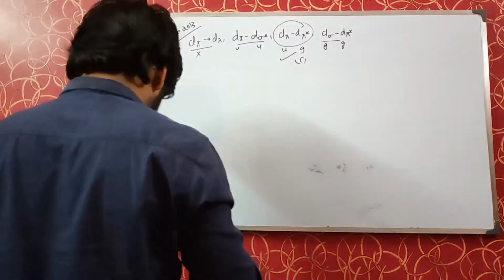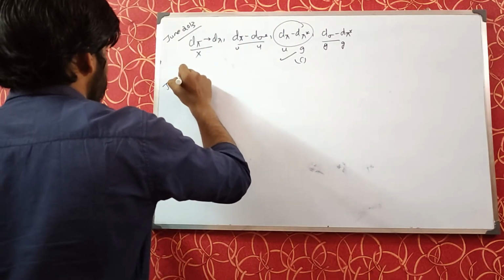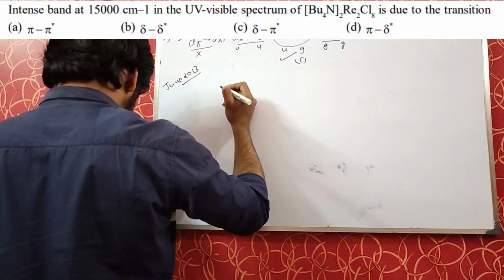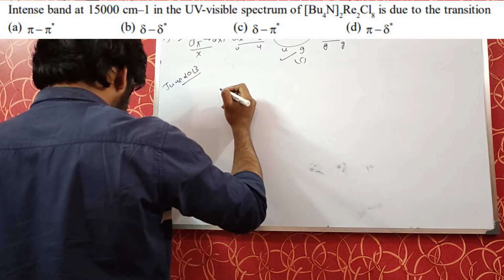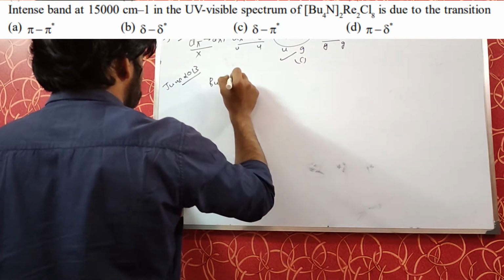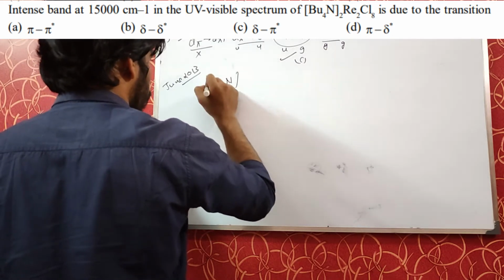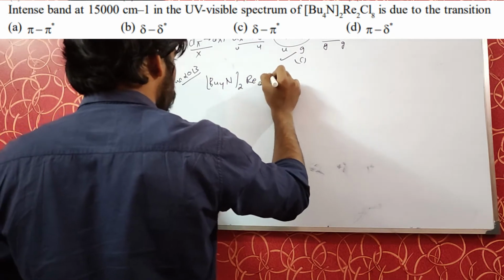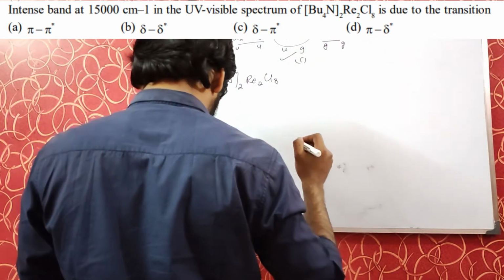Next we have June 2013 again. Intense band at 15,000 centimeter inverse in the UV visible spectrum of (Bu4N)2Re2Cl8 is due to the transition.